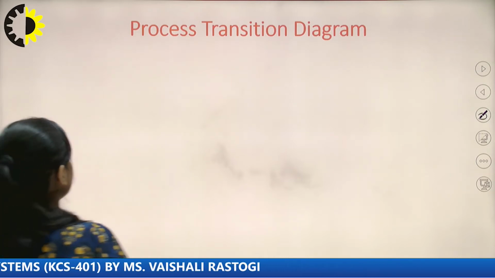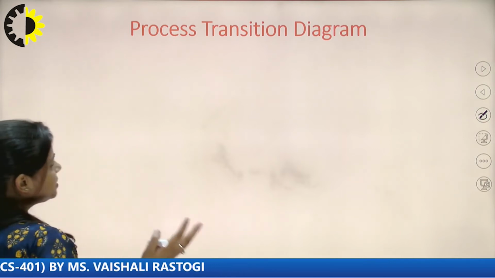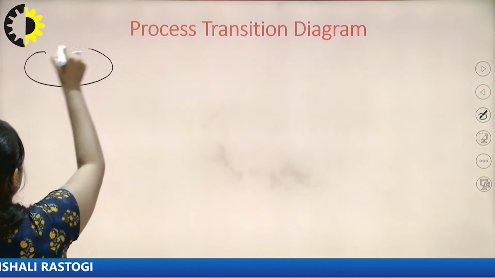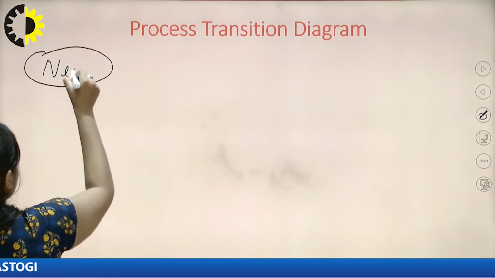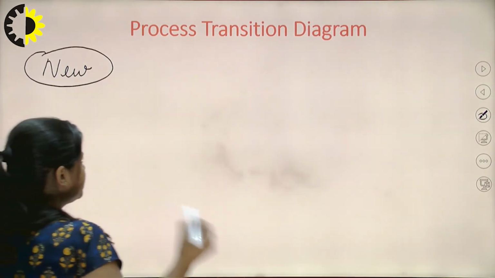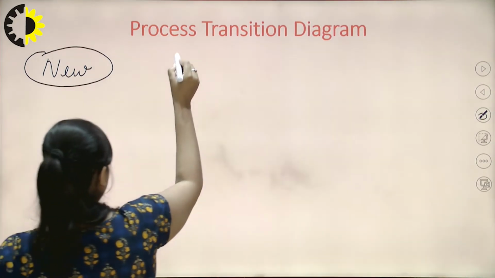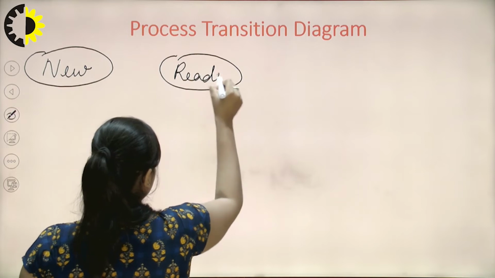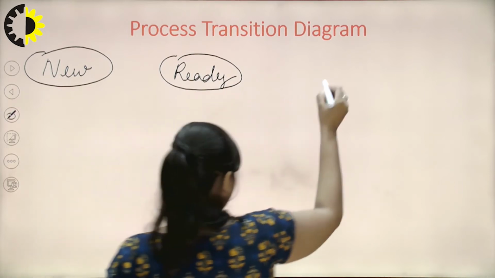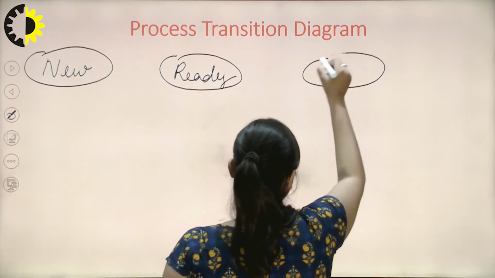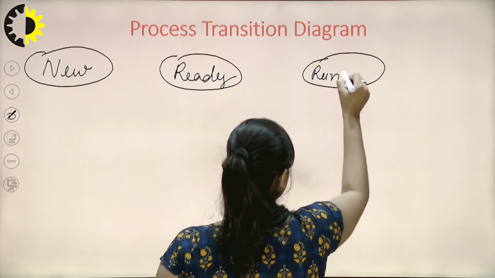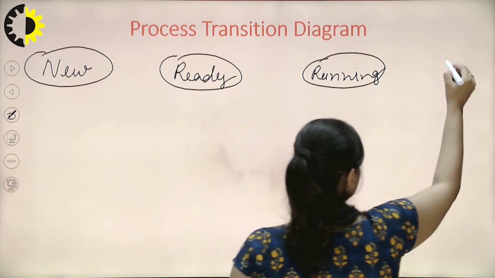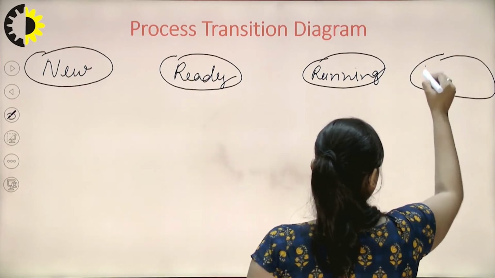Okay, so first we have 7 states earlier. First state was the new state, and another was the ready state. And we were having the running state and terminated.